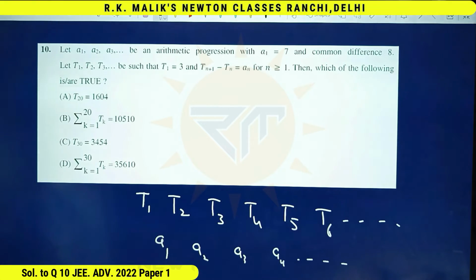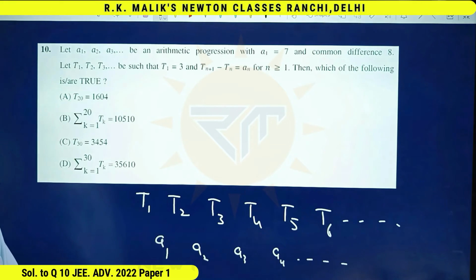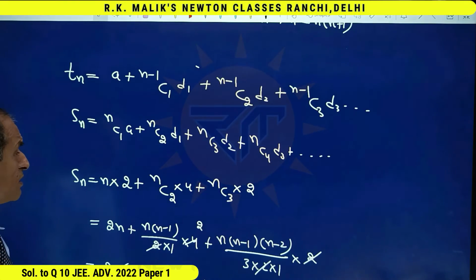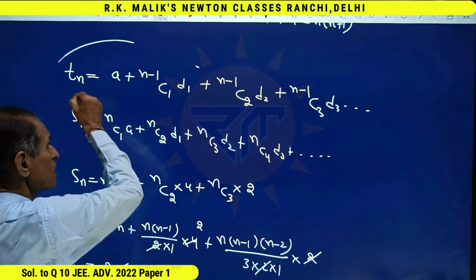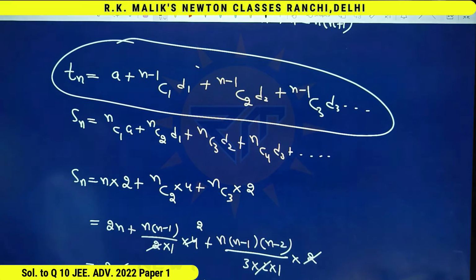That is, I can say that for this sequence, the nth term is going to be of second degree, that is in the form of an square plus bn plus c. And if you want to find the nth term, this is the formula as I told you just now, and this is the formula for the sum of n terms of that sequence.